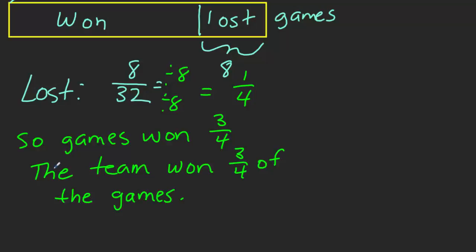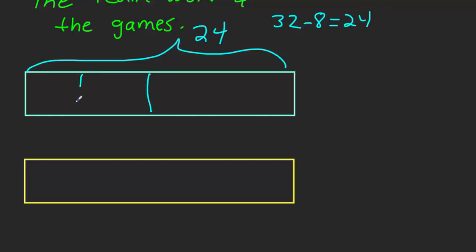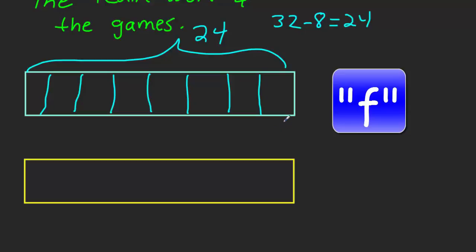Now for part B, we could think of it like this. We have 24 games that the team won. We determined that, right, because we knew the 32 games they played minus the 8 that they lost left us with 24. So what we could do is take that 24 and split our tape diagram into 8 equal parts, since she was playing catcher in 5/8 of those games that the team won.